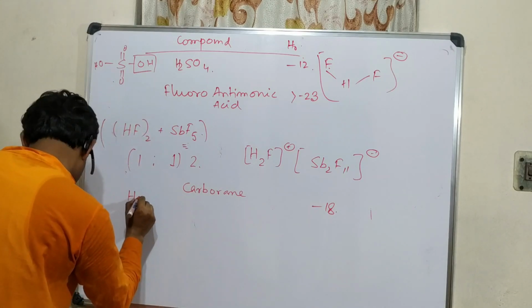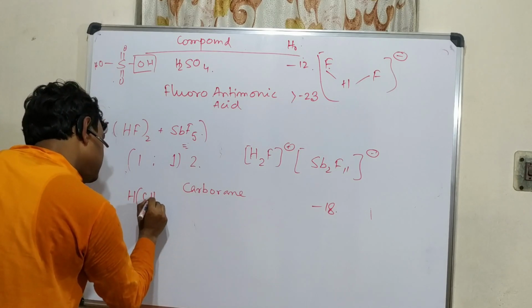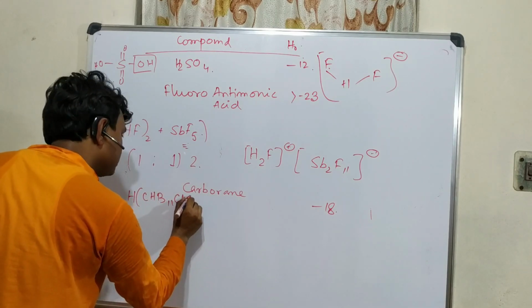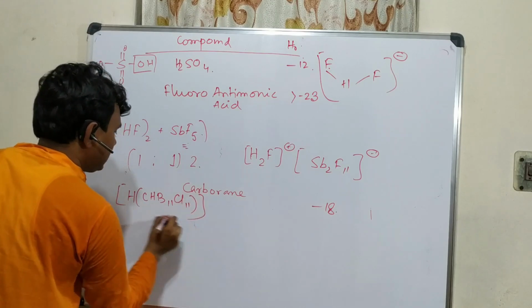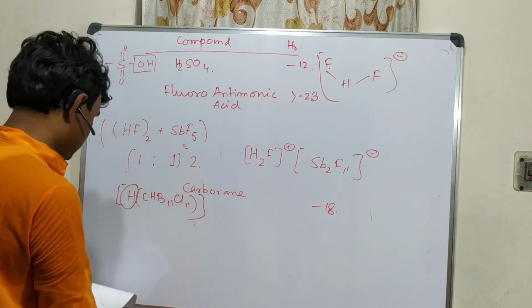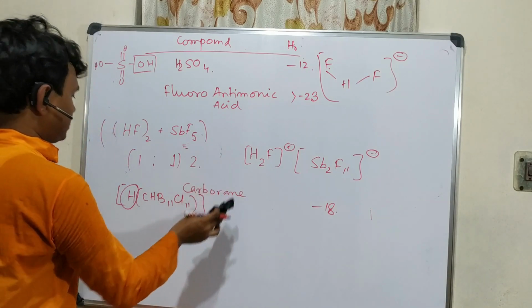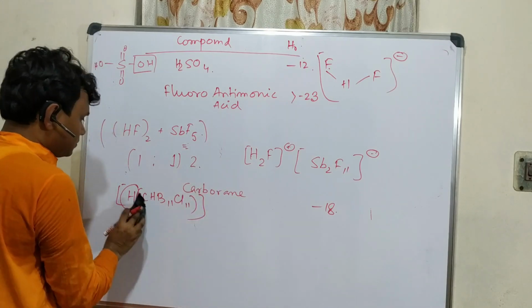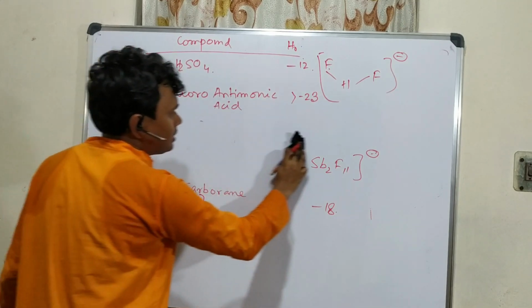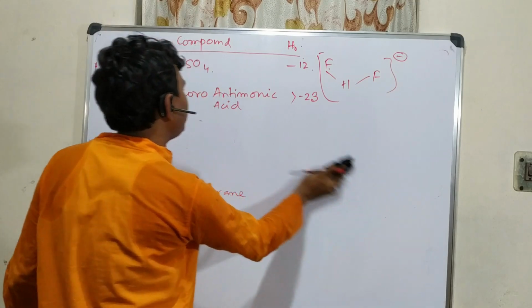In short, I can write it as CHB11Cl11. This is the thing, and this proton is donated to show its superacid character. So till now we have observed this. Apart from this carborane based acid, the others are inorganic based acids.